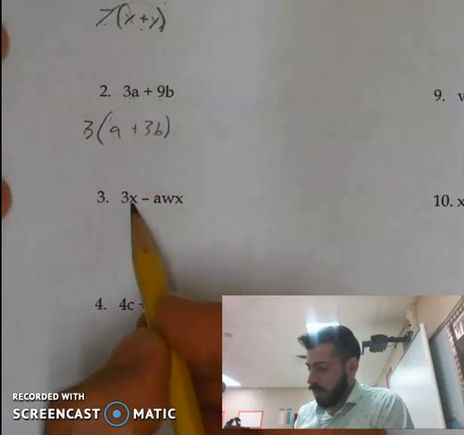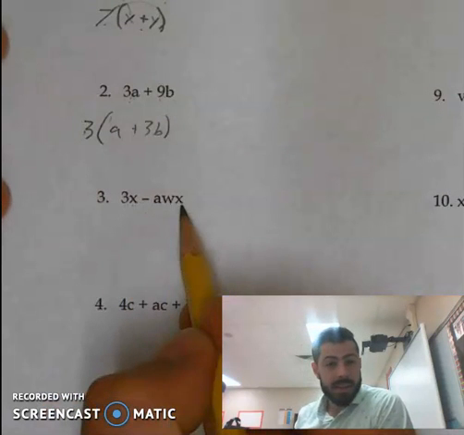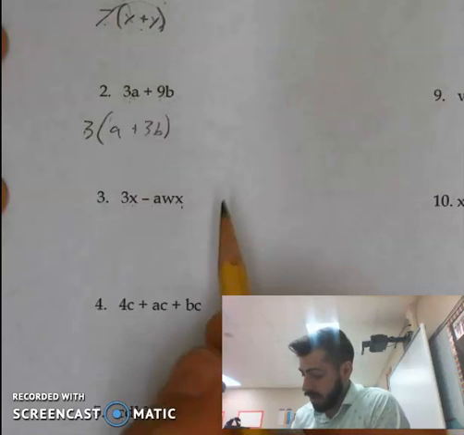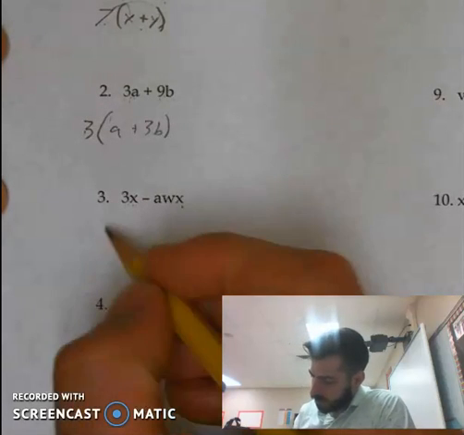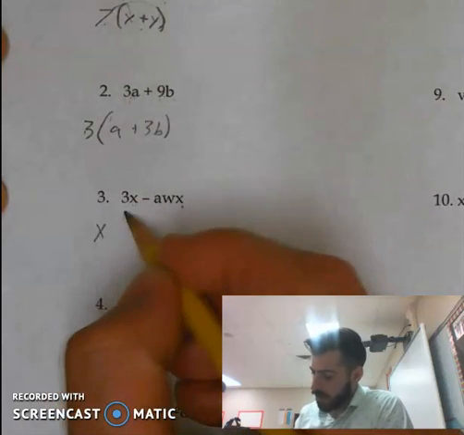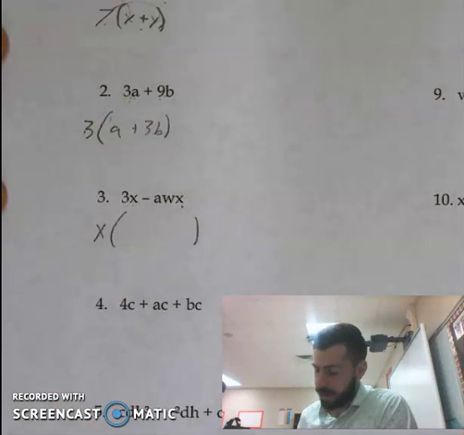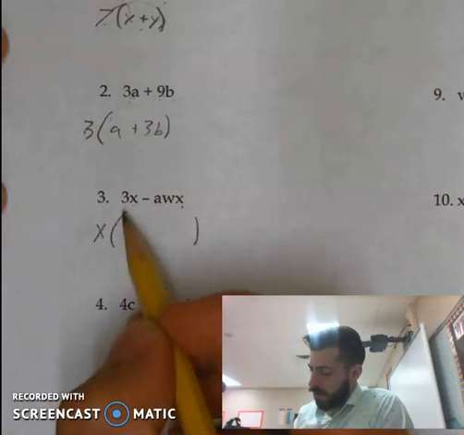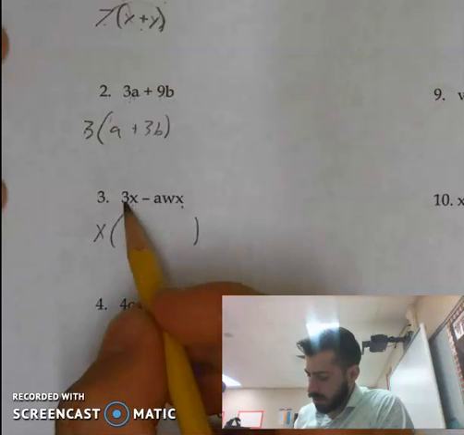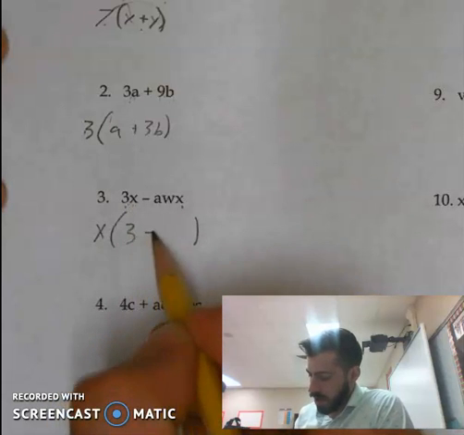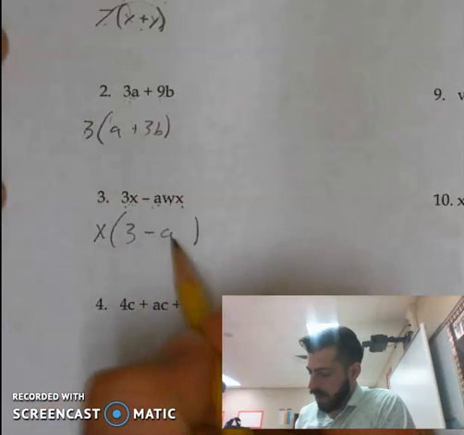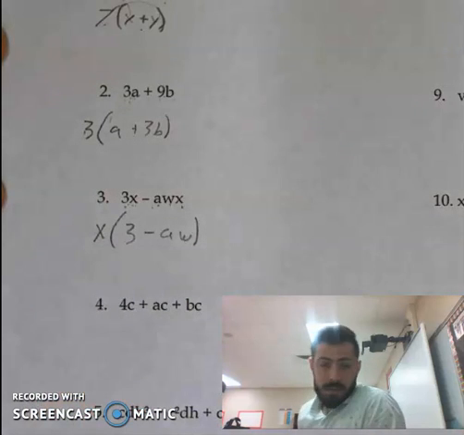Well, this one has an x, and this one has an x in it, so we can factor out an x. So if we were to factor out an x, we'll put the x outside the parentheses here. Both of these terms divided by x, well, 3x divided by x is 3, and then awx divided by x is aw. That's it.